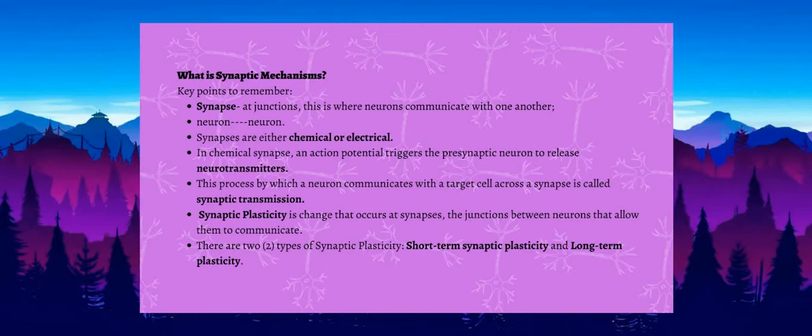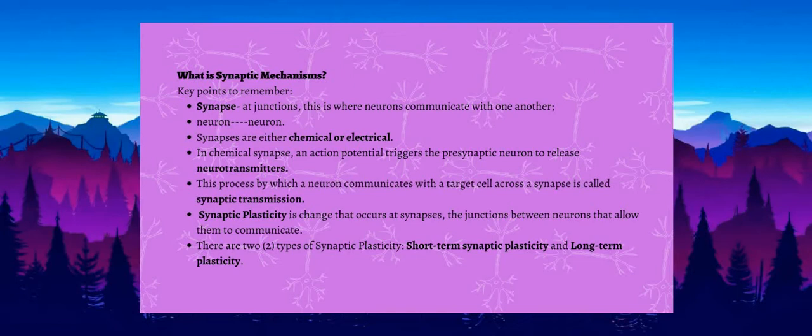So again, recap lang. Neurotransmitters are the molecules used by our nervous system to transmit messages between neurons or from neurons to target cells. And it generally happens at the synaptic cleft. Common examples of neurotransmitters are acetylcholine, dopamine, serotonin, epinephrine, and many more to mention.